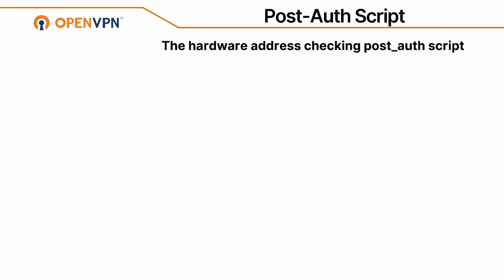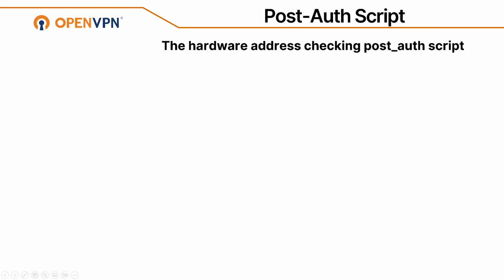And that's what we're going to look at today. So you can create a hardware address checking script to enhance the security of your authentication by only allowing users with registered MAC addresses or UUID strings to connect to the VPN server successfully.